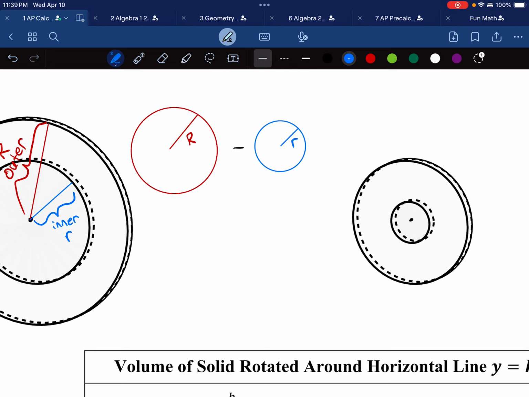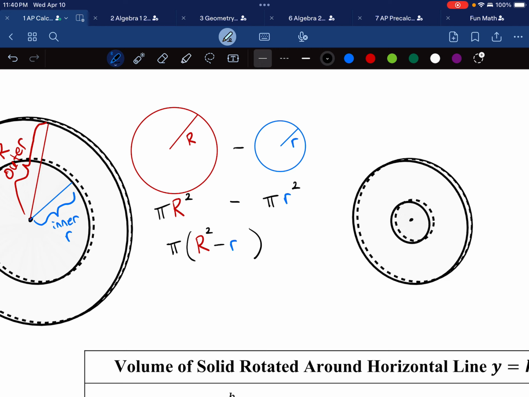So as a review, this was going to be pi R squared for our area, and this one over here is going to be pi little r squared for the area, and then I just subtract those two. And normally what happens here is you factor out the pi, and you can say this is really pi times the quantity of capital R squared minus lowercase r squared.